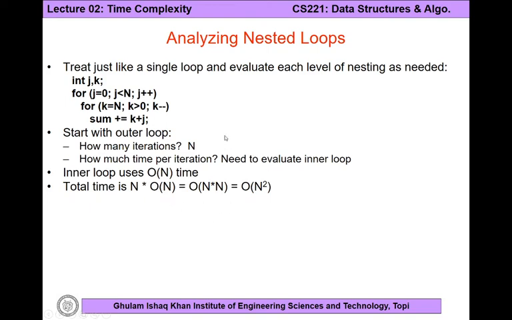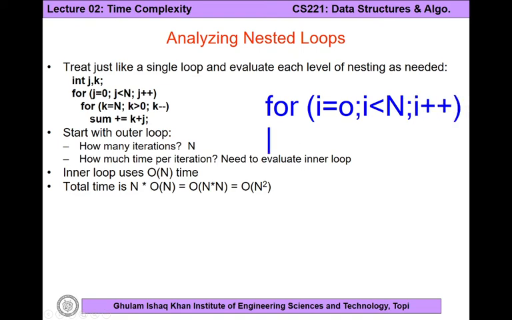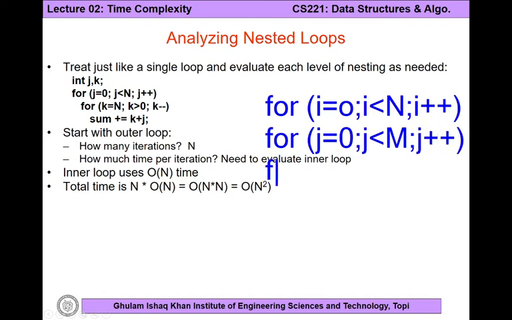And again, maybe we could have a piece of code like for i is equal to 0, i is less than, let's say, n, and i plus plus, and then within this loop, for j is equal to 0, j is less than, let's say, m, I'm using a different variable, and j plus plus, and then we have yet another loop, k is equal to 0, k is less than o, and k plus plus.